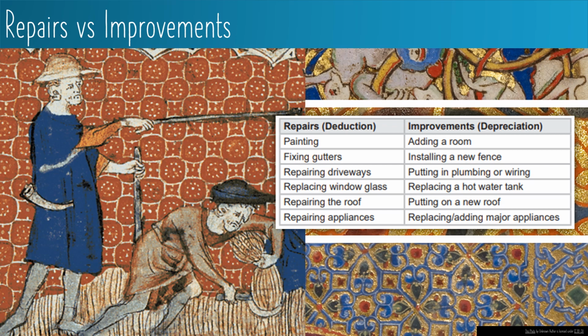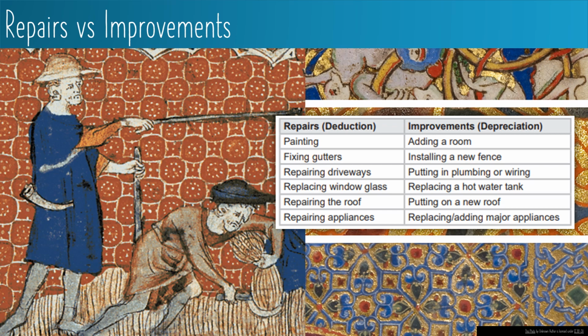So that would be considered an improvement. Installing a new fence is considered an improvement. Putting in plumbing or wiring, these are very big changes to that house. Replacing the hot water tank, putting on a new roof, or replacing or adding major appliances.